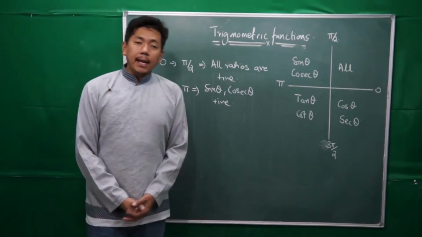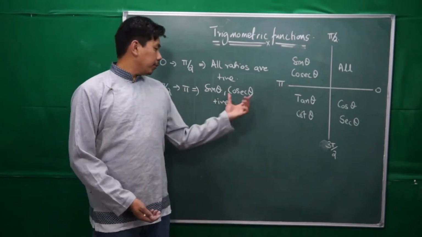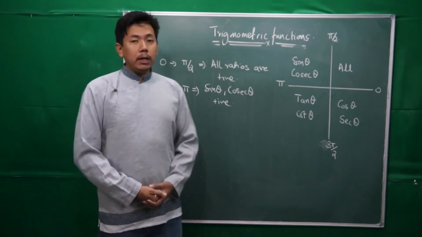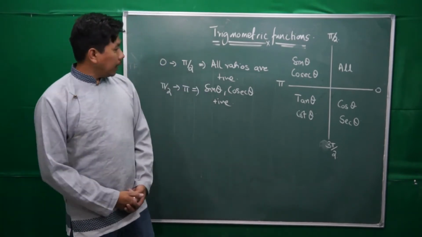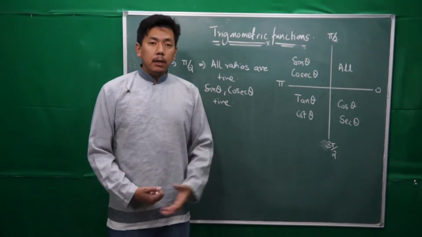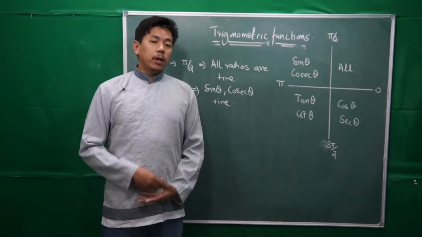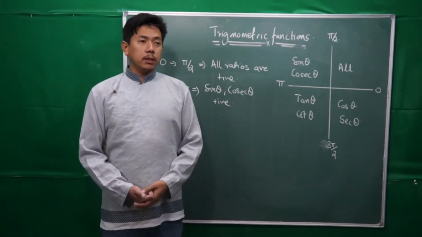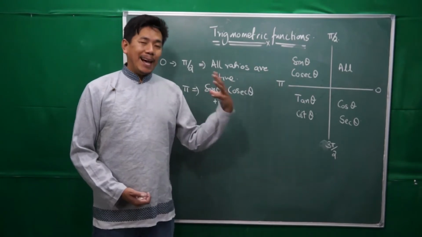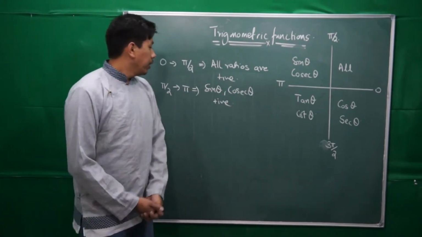Now, as I'm saying, sine theta and cosec theta are going to be positive. What about the remaining trigonometric ratios? In the angle between 90 degrees and 180 degrees, the other trigonometric ratios will always lead to a negative answer.